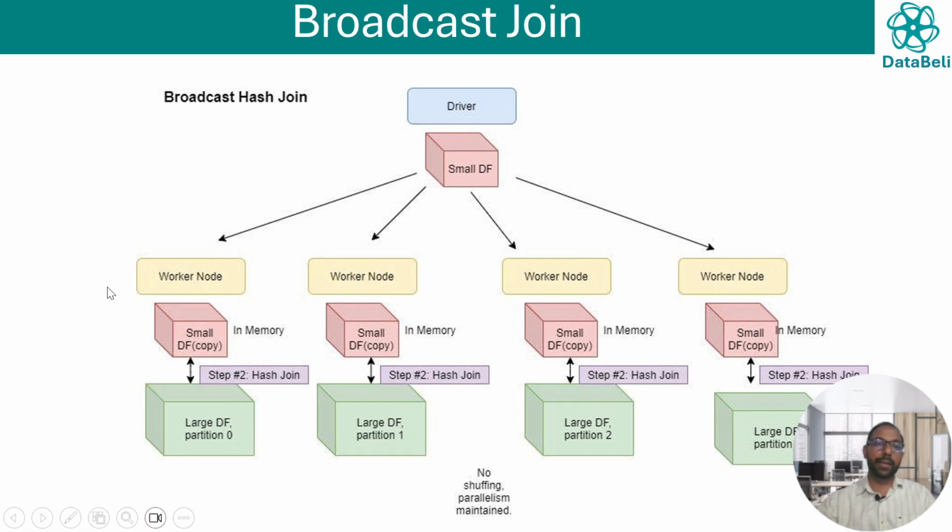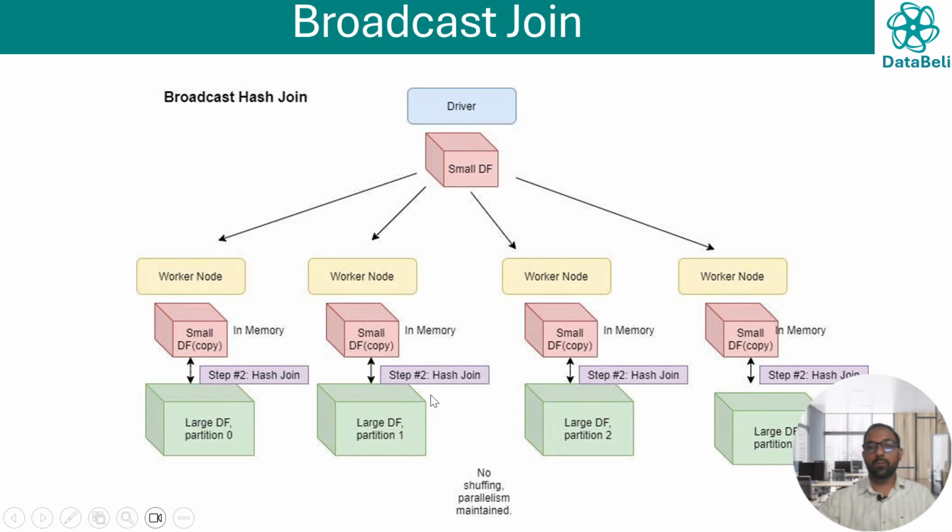So if we look at a particular worker node, a portion of the larger data frame is available, and for the smaller data frame, a complete copy is available in all the worker nodes. When it joins these two, whatever rows are available for the larger data frame in this worker will be joined with this entire data frame and the result will be sent back.